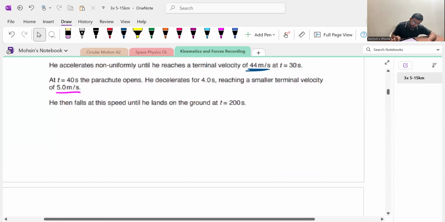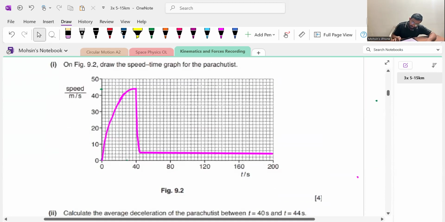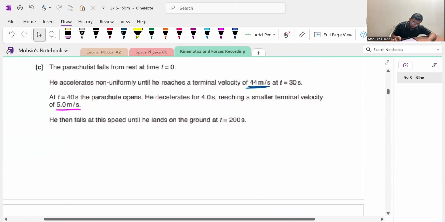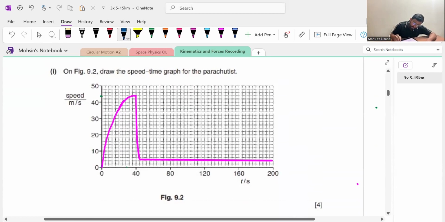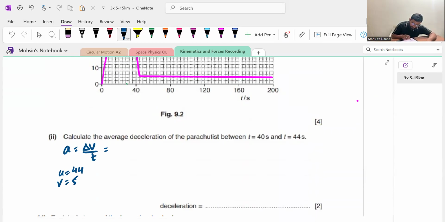and at time 44, the speed was 5. So initial speed is 44, final speed is 5, and time is 4 seconds. So it will be 5 minus 44 over 4.